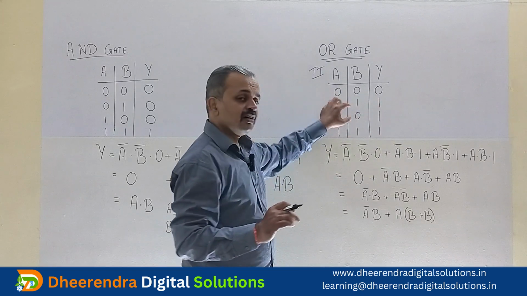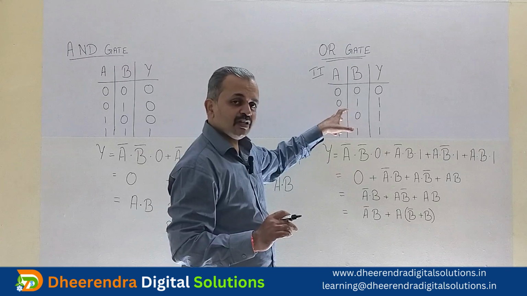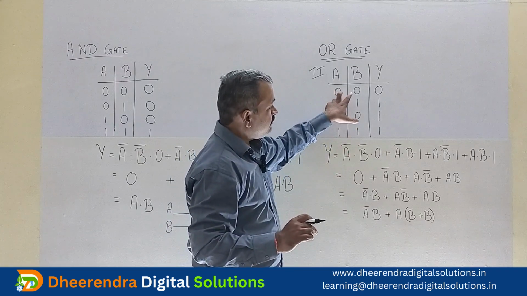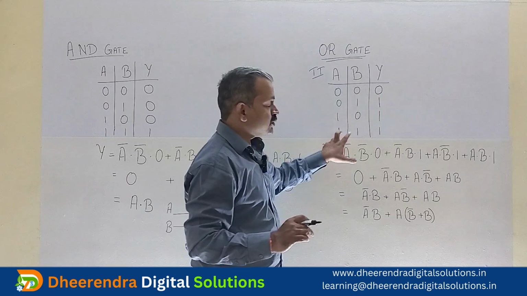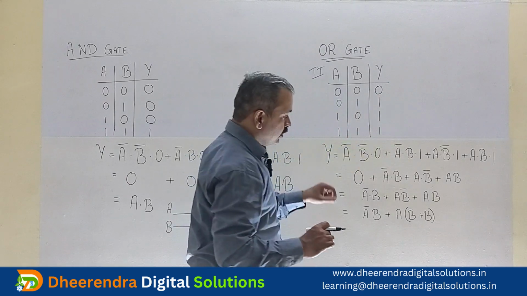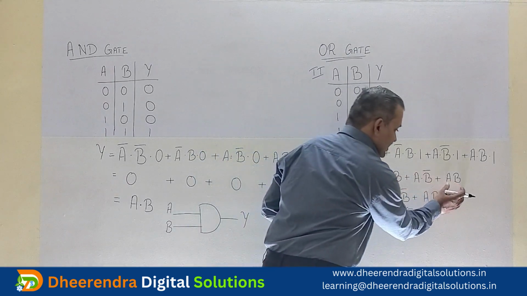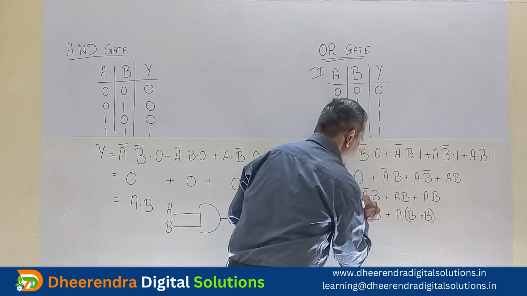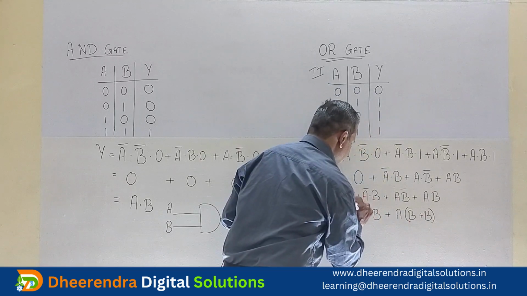The other cases are a combination of one of them being true. But when both are true or both are false, false gives us false, true gives us true. So if I have a term AB, I can always write one more term, plus AB.